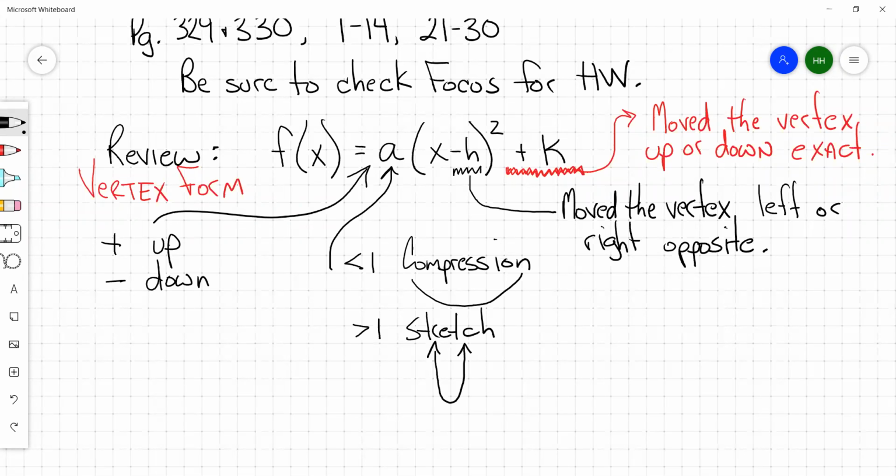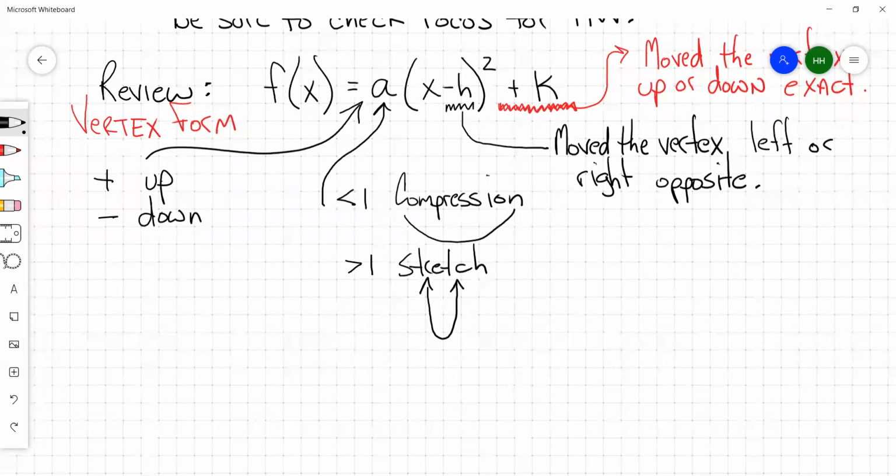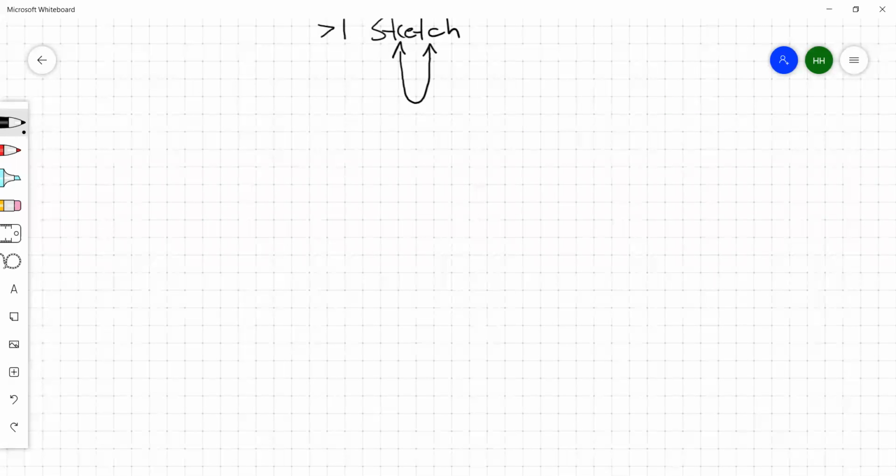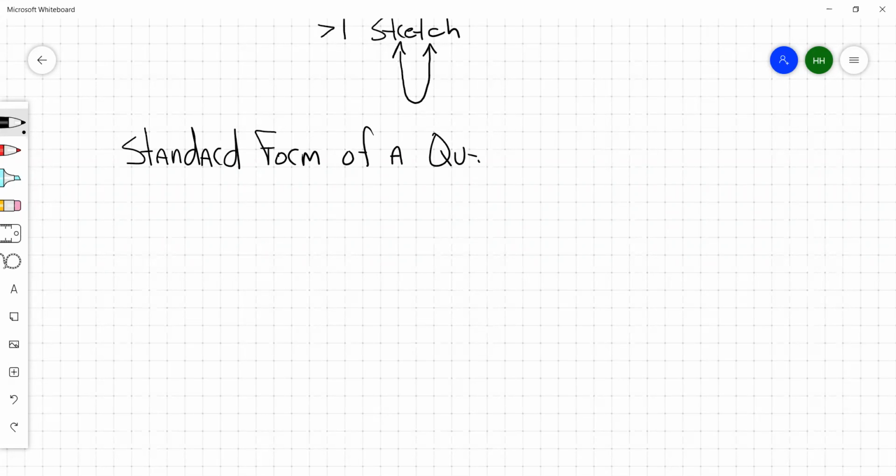So we'll move on to today's lesson, which is going to be standard form of a quadratic equation.